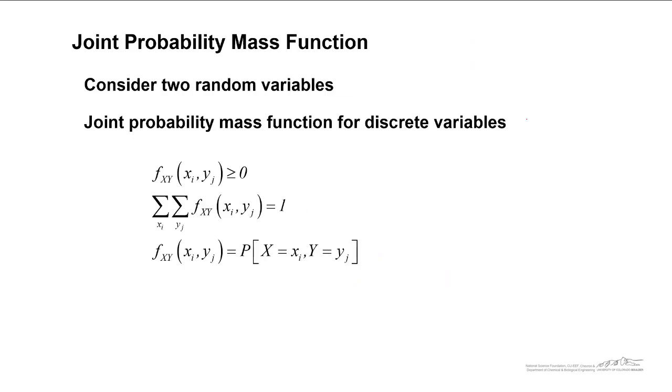There's a couple important things about a joint probability mass function for discrete variables. Similar to probability mass functions and probability distribution functions for a single random variable, the joint probability mass function always has to be greater than or equal to 0. Similar to how the sum of all f of x has to equal 1 for a probability mass function of a single random variable, the double summation over all x's and all y's has to equal 1.